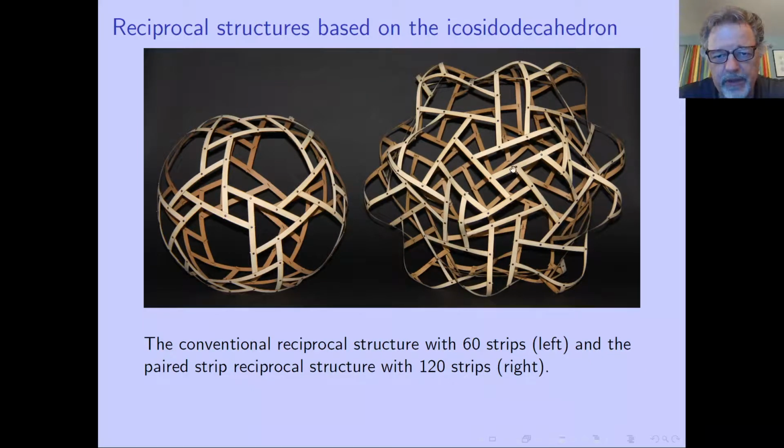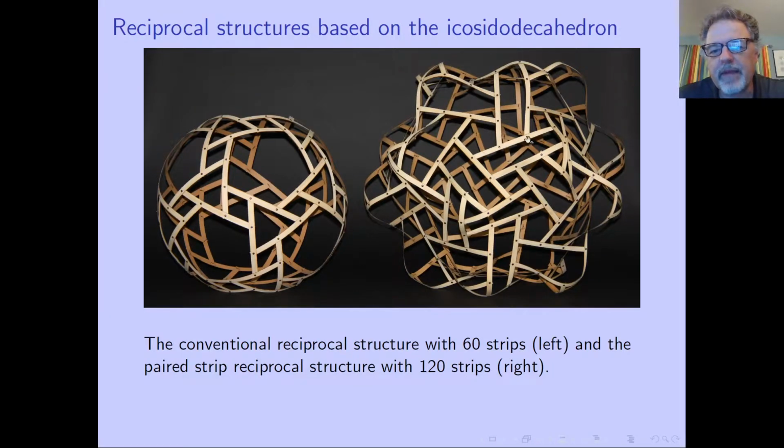One thing to note about this one is that there are some bumping outs that we see. This particular strip here is fairly flat, whereas its pair bends and twists quite a bit.